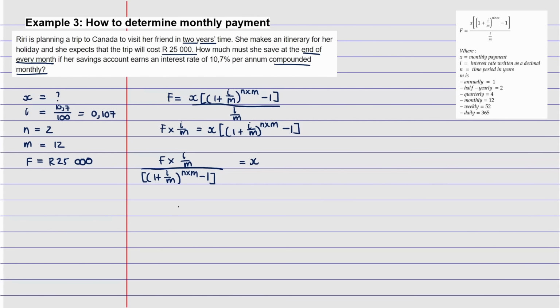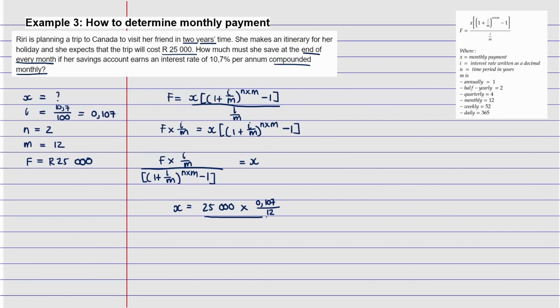So now we know X, let's start substituting. X is equal to, F is 25, multiplied by I, which is 0.107, divided by M, which is 12.